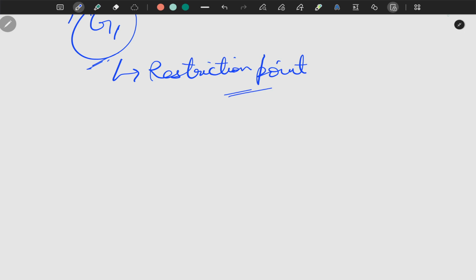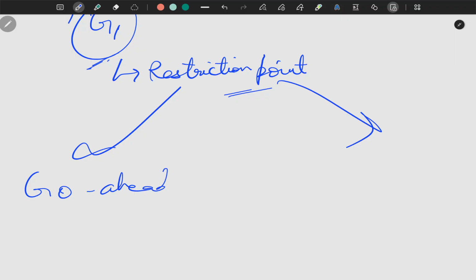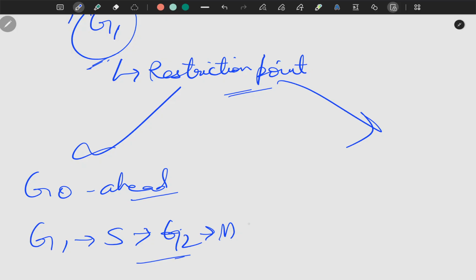Restriction point. Because at this phase, if the cell receives a go-ahead signal, the cell continues to divide, like G1 to S, S to G2, and G2 to M. Division happens.